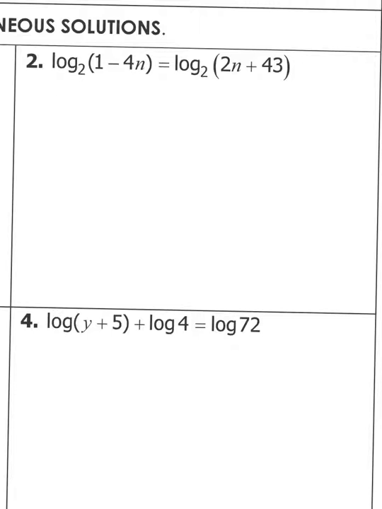All right, so for number 2, we've got a single log and a single log. They have the same base, so we can just set these arguments equal to each other. So 1 minus 4n is equal to 2n plus 43. And so then you just use your algebra skills. You want to get your variables together on one side. That should be your focus first.